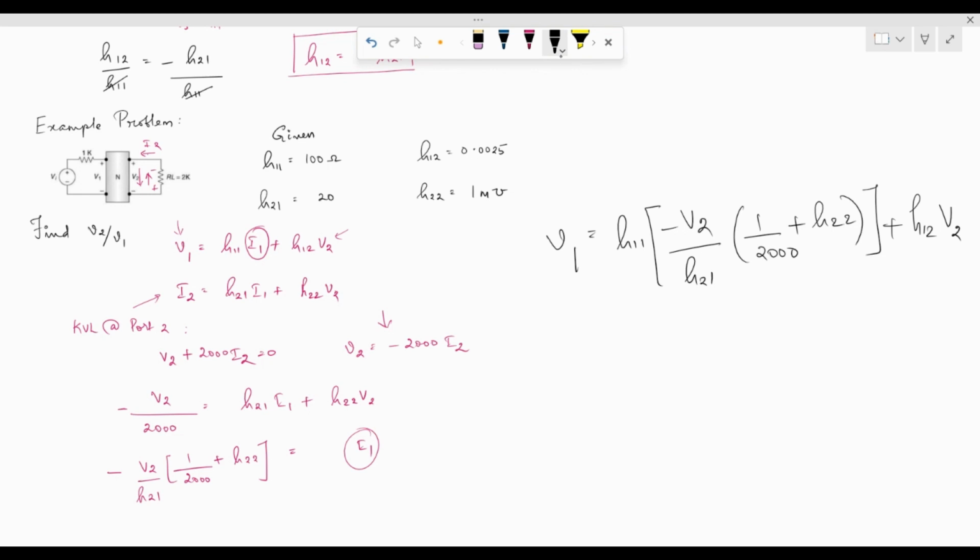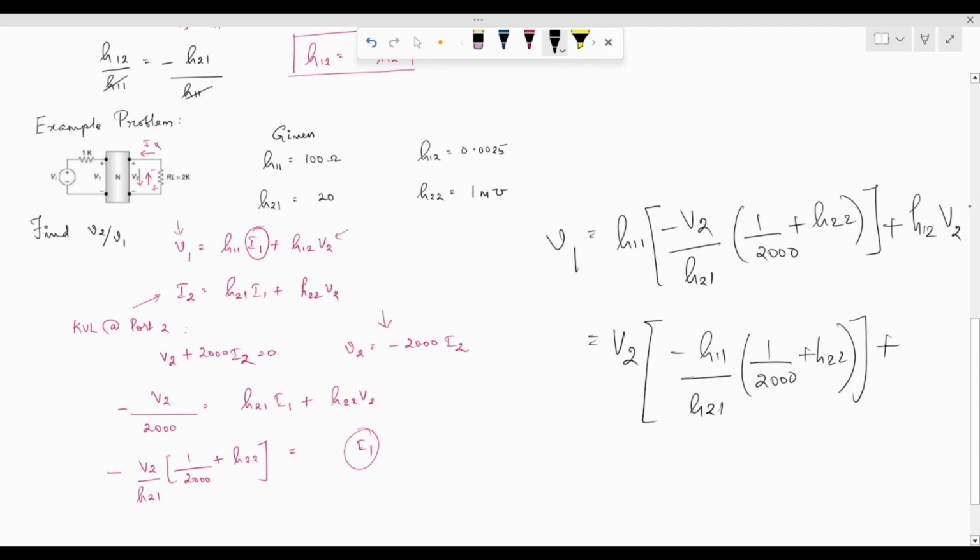So if you see, we have V2 in both of these terms. So I can take V2 common, and what I will get here is V2 into minus H11 by H21 into 1 by 2000 plus H22 plus H12. So this is what we get.